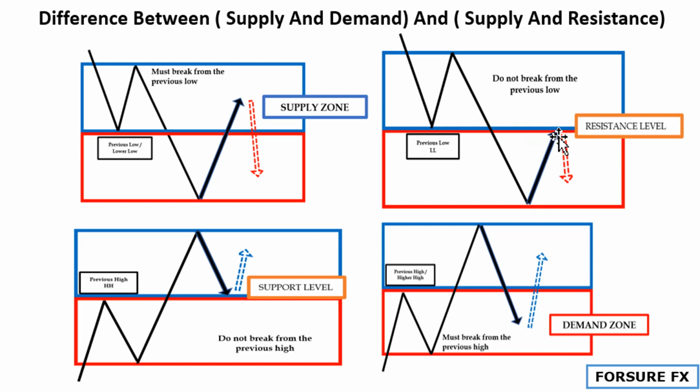Even if it breaks, it is just with a wick or a little bit, then you see the price pulling down in the trend direction. That is for the resistance, because this level here acts as a resistance to block the price from passing through.